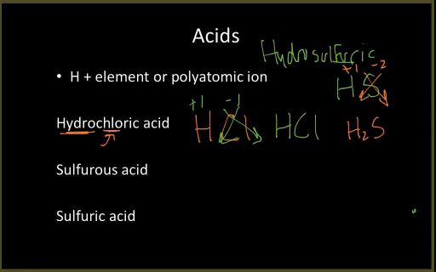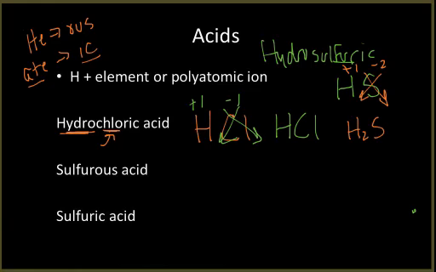Okay, our last 2 examples are sulfurous and sulfuric. If you remember from before, if a polyatomic ion ended in ITE, it became an OUS acid. If it ended in ATE, it became an IC acid. So if you remember, we said I ate acid, I feel icky. That's one way to remember it.